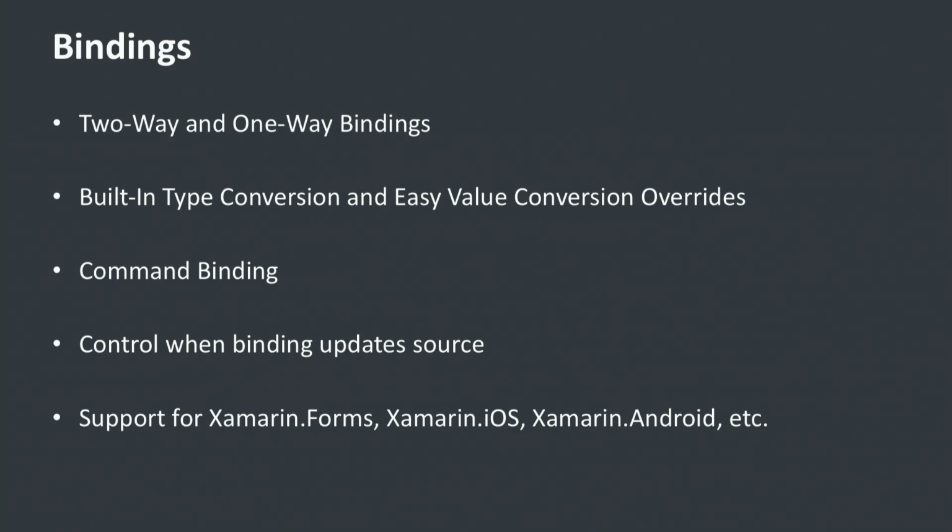But the one thing that I think is super cool about Reactive UI bindings is that they work exactly the same on every single platform. So if you're using these bindings in a Xamarin.Forms application, or a Xamarin iOS application, or an Android application, or a WinForms application, you write these bindings the exact same way, and they work on all those platforms. So you don't have to learn a different binding language or anything like that.